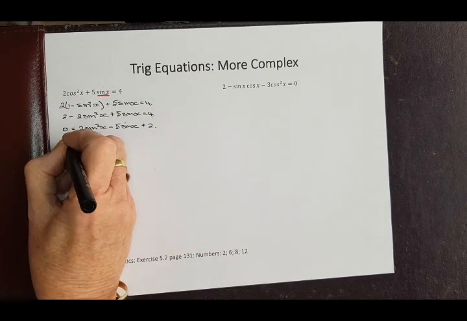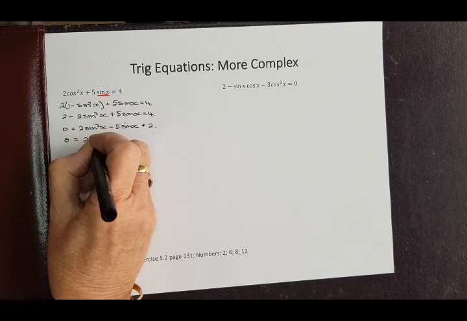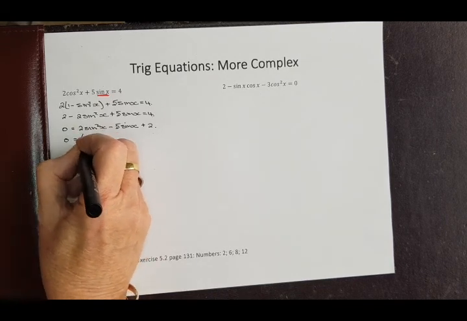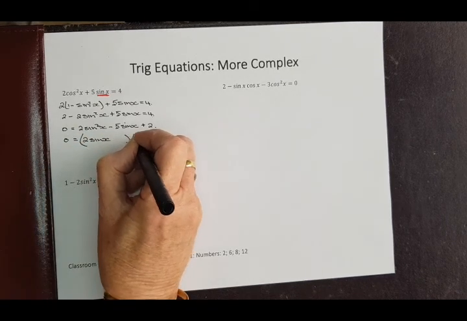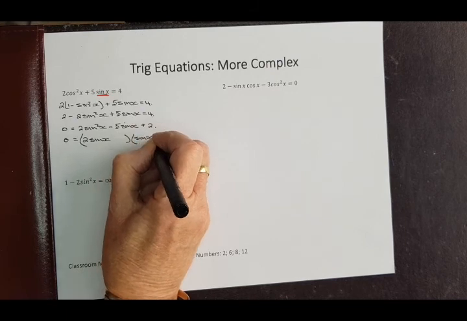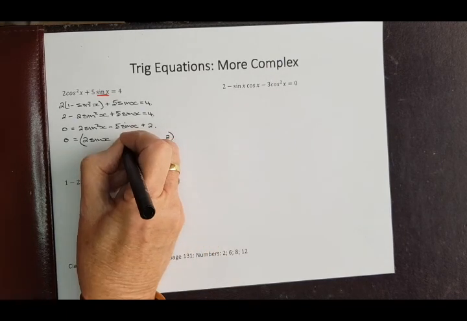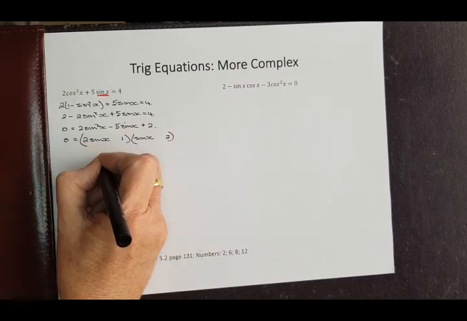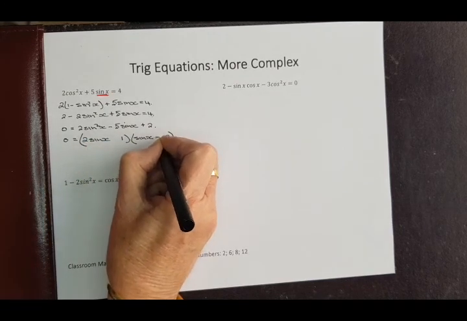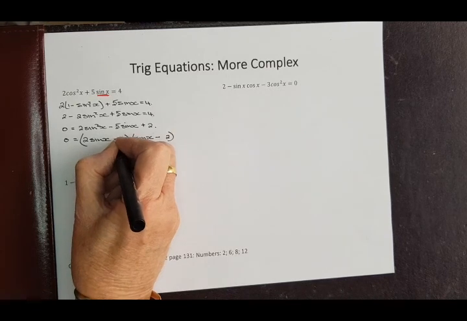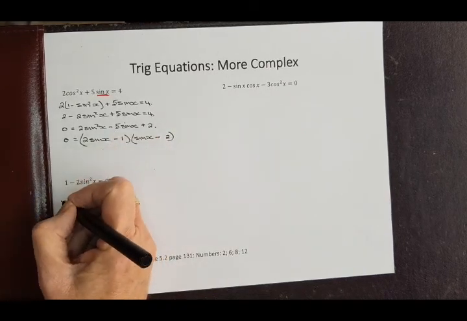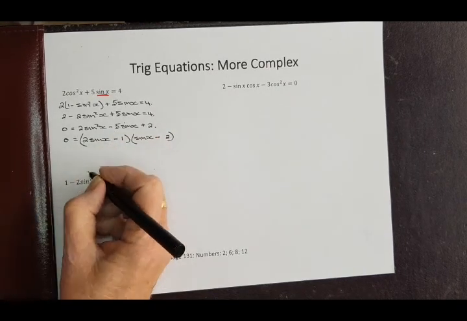Factorizing my quadratic equation, it's going to be 2 sine x and a sine x. I'm going to have a 2 over here, I'm going to have a 1 over here. When I multiply out, I'm going to get a minus 4 sine x, a minus 1 sine x, which is going to give me a minus 5 sine x.